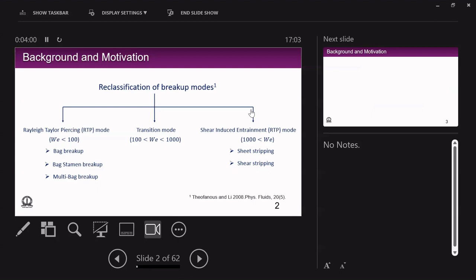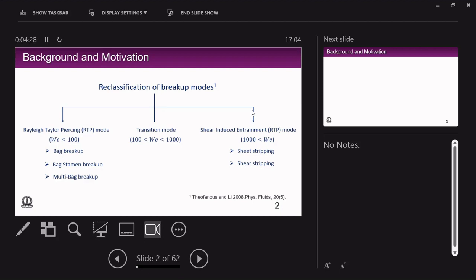But what we do not have is particularly the high Weber number limits, and what kind of breakup modes actually dominate. So for example, here, Theofanous and others have shown that, okay, below Weber number 100, you have these types of breakup. When you are in a transition mode, you have a mixture. And shear induced entrainment starts happening at Weber number greater than 1000. That is the current state of the art.